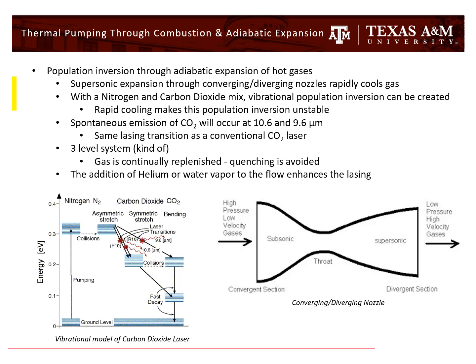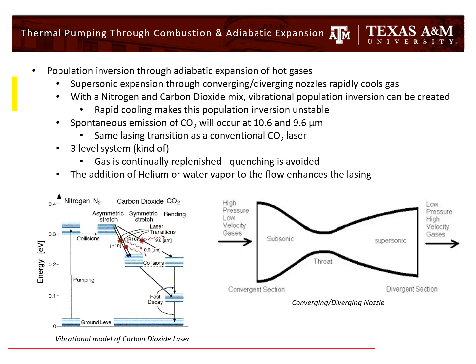And the way you thermally pump a gas dynamic laser is through adiabatic expansion of hot gases through a converging diverging nozzle. So if you have high pressure, high temperature gases that are forced through a nozzle, once they get to the other side of the nozzle and are expanded, they go into supersonic flow, and they rapidly drop in temperature very quickly, and that's why this is called adiabatic expansion.